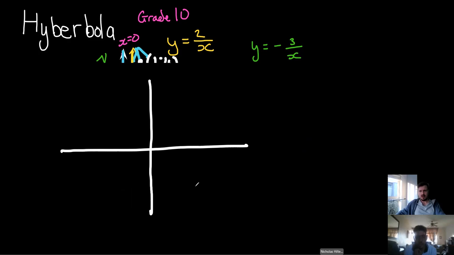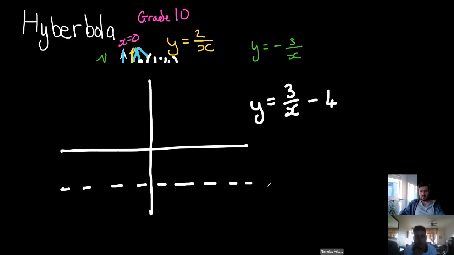If you have y equals 3 over x minus 4, now what we do is this graph, this hyperbola, is shifted down by 4. So your new asymptote is y equals minus 4.